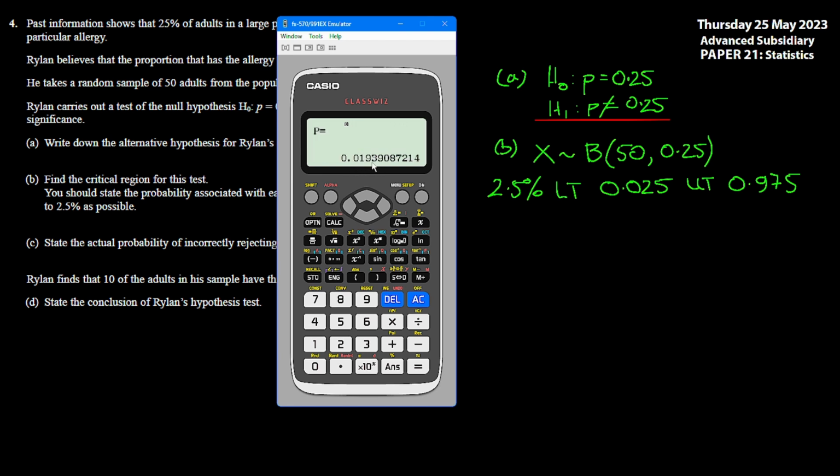This is nearer to 0.025 than our previous answer. So 6 will be our lower tail answer for the minimum number of people to have an allergy that we might challenge the null hypothesis because we are in the critical region if only 6 adults are found out of 50 to have an allergy. So let's write that down.